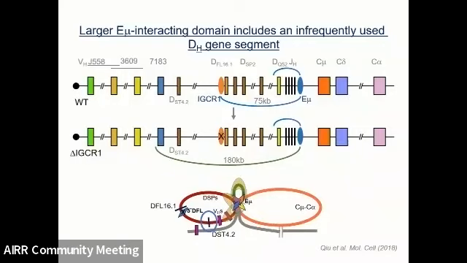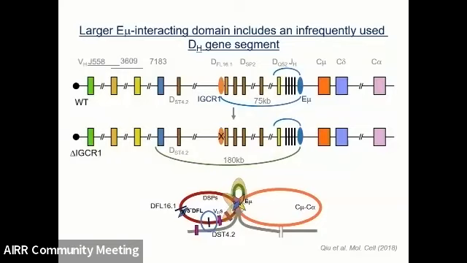And that's this element known as DST4.2, which is located about 60 kilobases away from DFL16, which is normally the D gene segment that is used most frequently. So this D gene segment now gets used, and we imagine the new configuration to look like this, where this intermediate 70 kb loop is now increased to about a 170 kb loop. The other parts have remained unchanged.